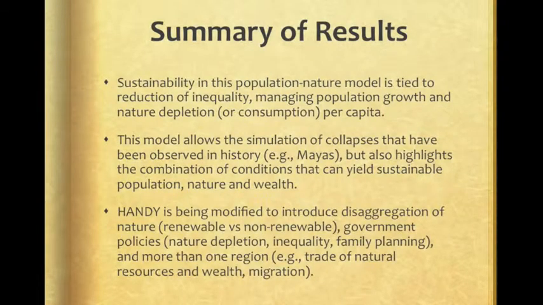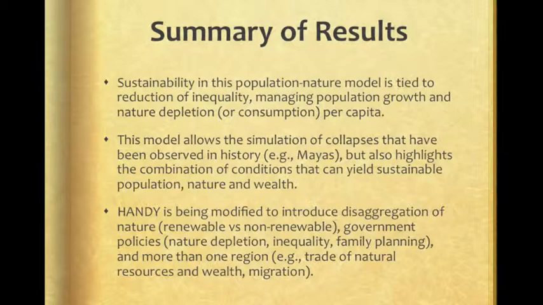Handy is now being modified to introduce several improvements. First, a disaggregation of nature into renewable and non-renewable resources, so that you can actually discriminate. This nature regeneration rate, you can adjust it. Introduce government planning, setting limits on depletion of nature, inequality, and aspects like family planning, and also extending it to more than one region.